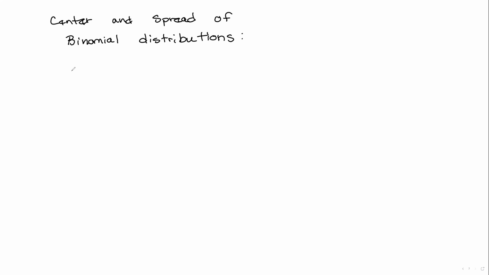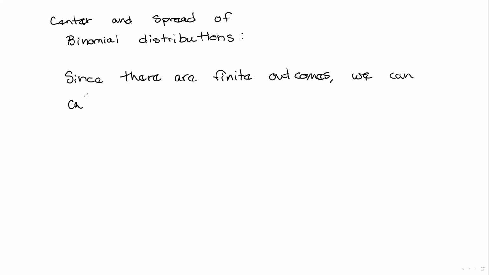All right, so since there are finite outcomes, I'm just going to write down what I just said. So since there are finite outcomes, we can calculate a mean and a standard deviation.